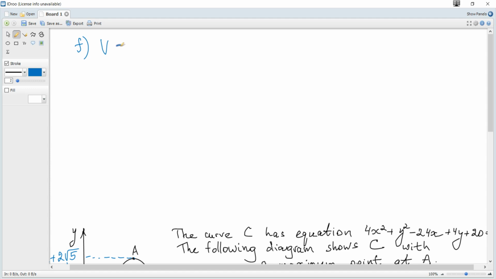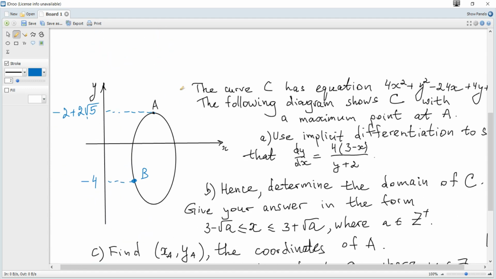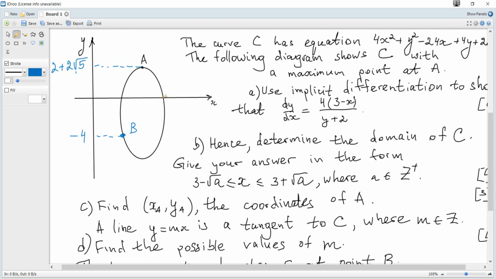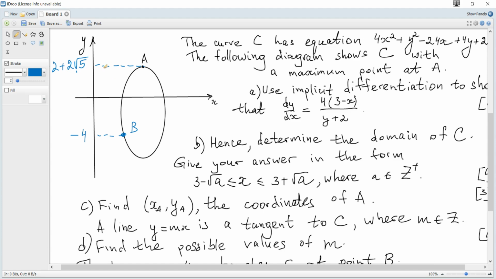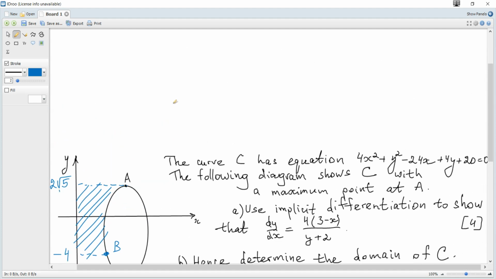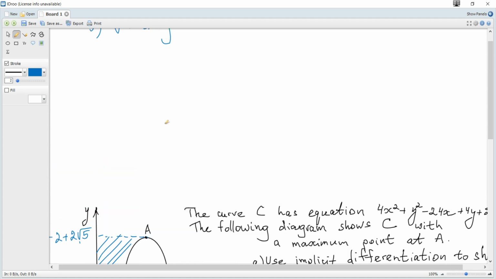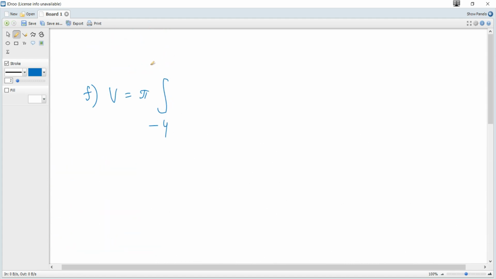We know that volume of revolution is pi, limits, and the region is between this one, rotated about the y-axis, and the formula is pi, and limits on the y-axis, we can see that it's from negative 4 to negative 2 plus 2 times root of 5, and its inverse function squared dx.